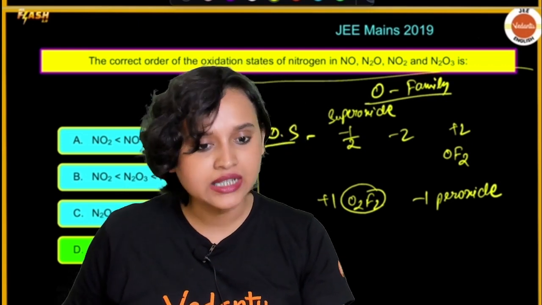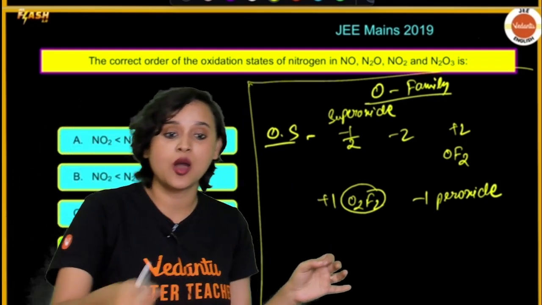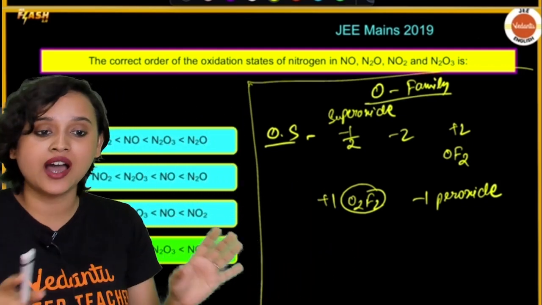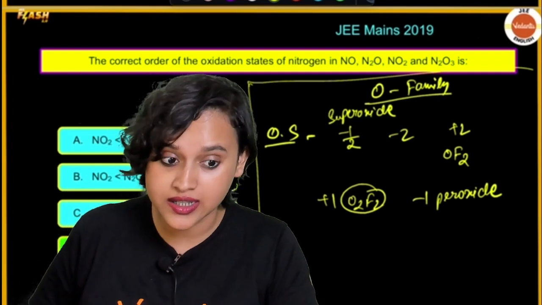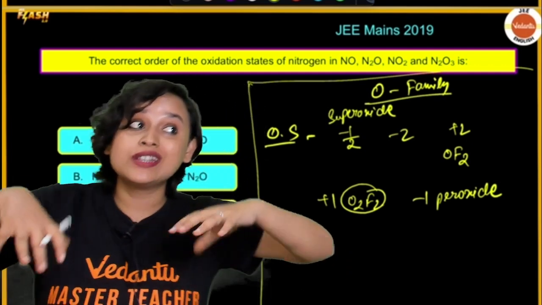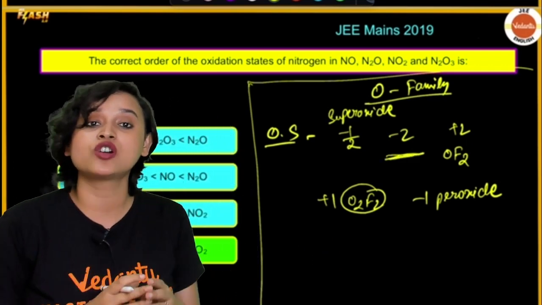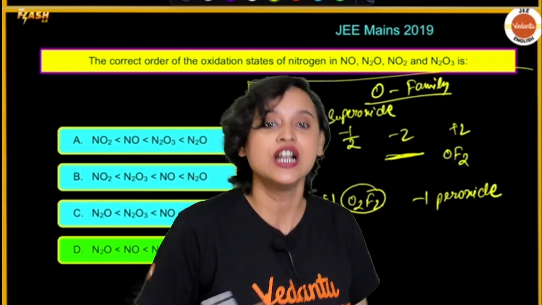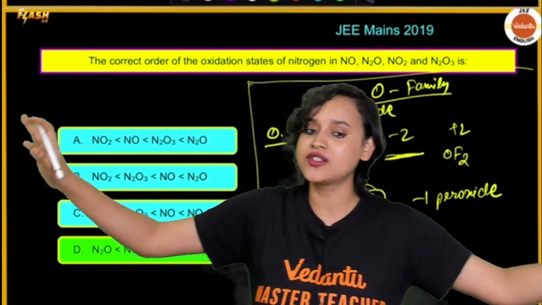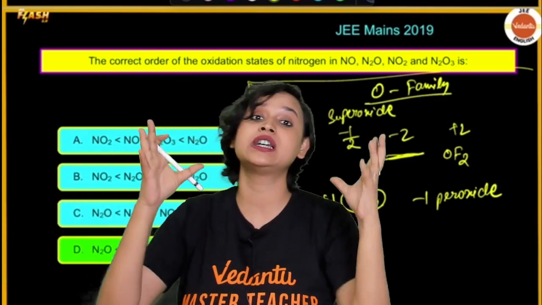Generally, oxygen shows -2 oxidation state. However, these are all exceptional oxidation states, so please remember them. The tendency to show the -2 oxidation state decreases down the group. Polonium cannot show -2 oxidation state. Why? -2 means gaining 2 electrons, and polonium has a bigger size.